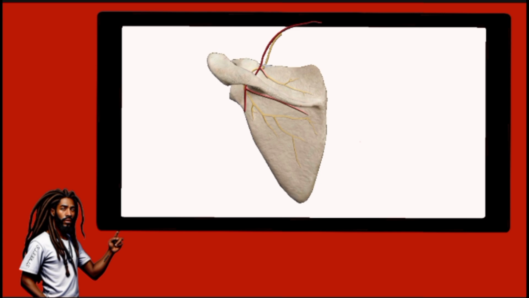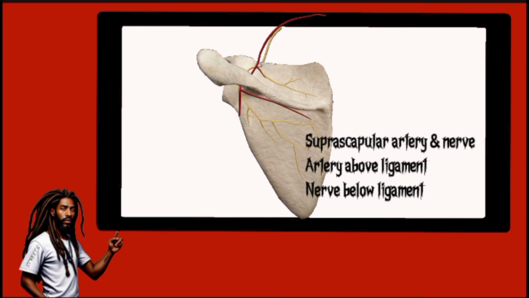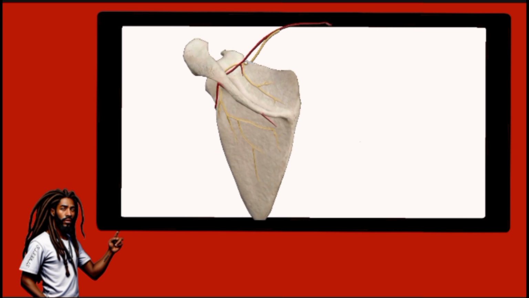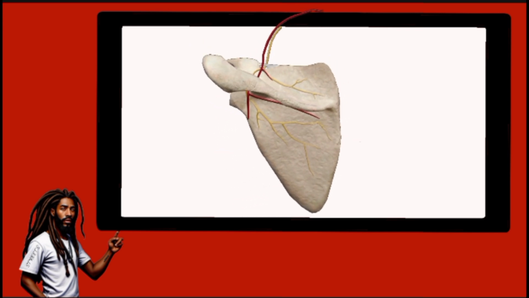The name of the ligament is the suprascapular ligament. See the suprascapular ligament here. Then you see the artery and the nerve passing above and below it respectively. The artery is above it, and the nerve goes below the suprascapular ligament. So this is the suprascapular nerve, this is the suprascapular artery.